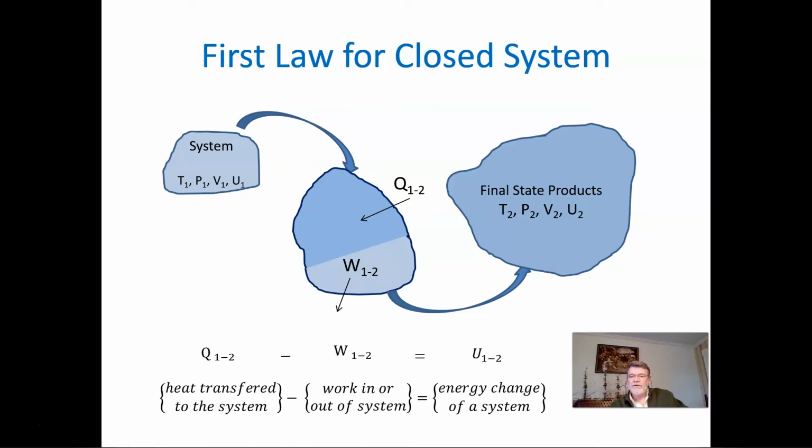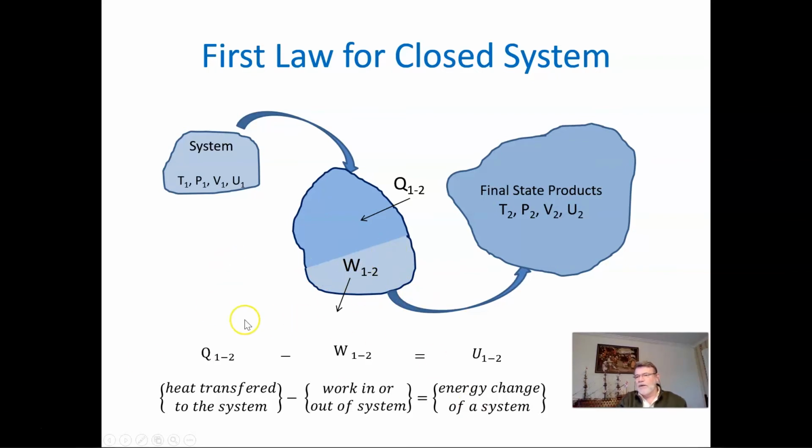So when you expand upon that first law, really it should be when this system goes through some process where we have some exchange of heat, and we have again heat in, heat out, work in, work out.